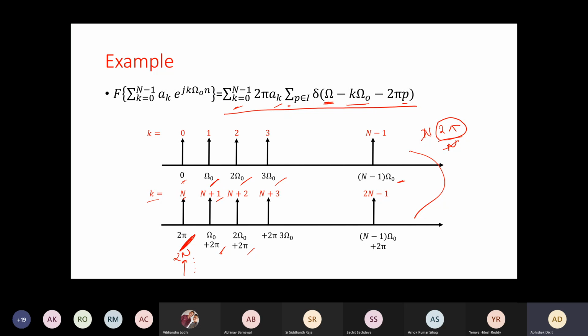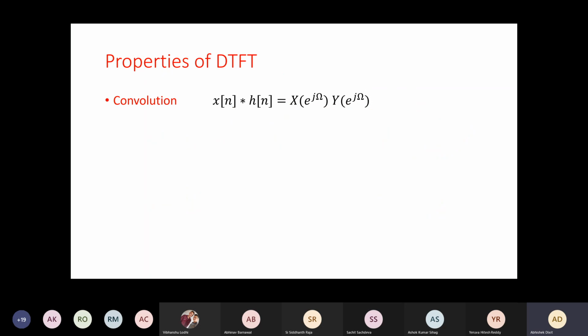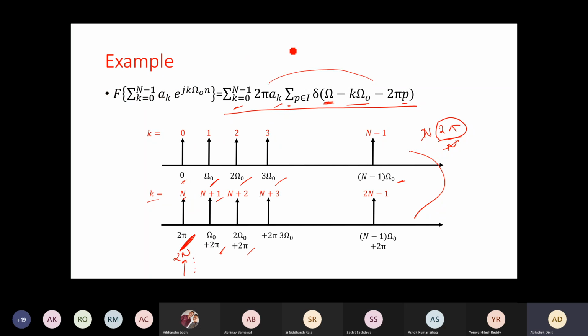So instead of this complicated expression having these two summations, I have not got that expression here, but I can write it for you. I could have a simple expression. So I have got rid of p, and I could create all these impulses by k going from minus infinity to plus infinity.